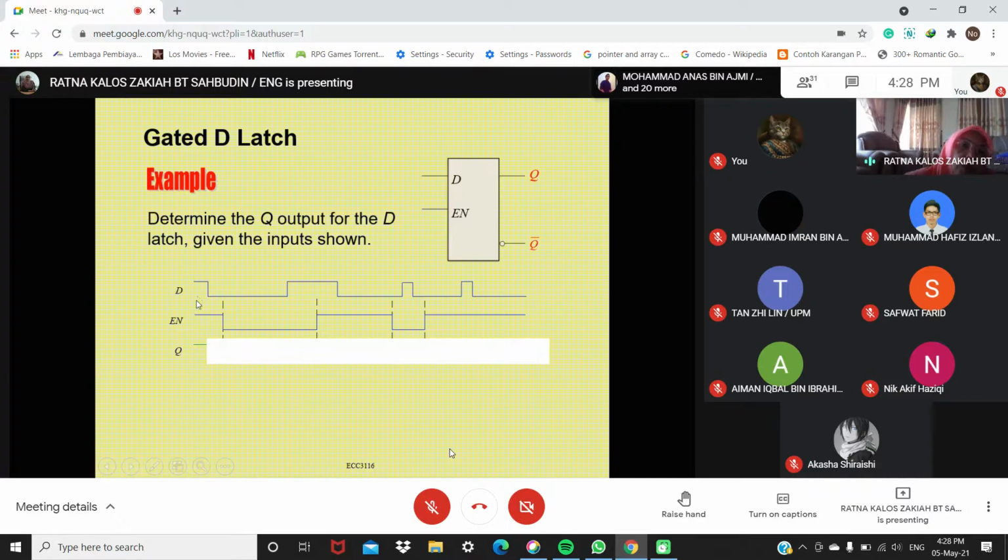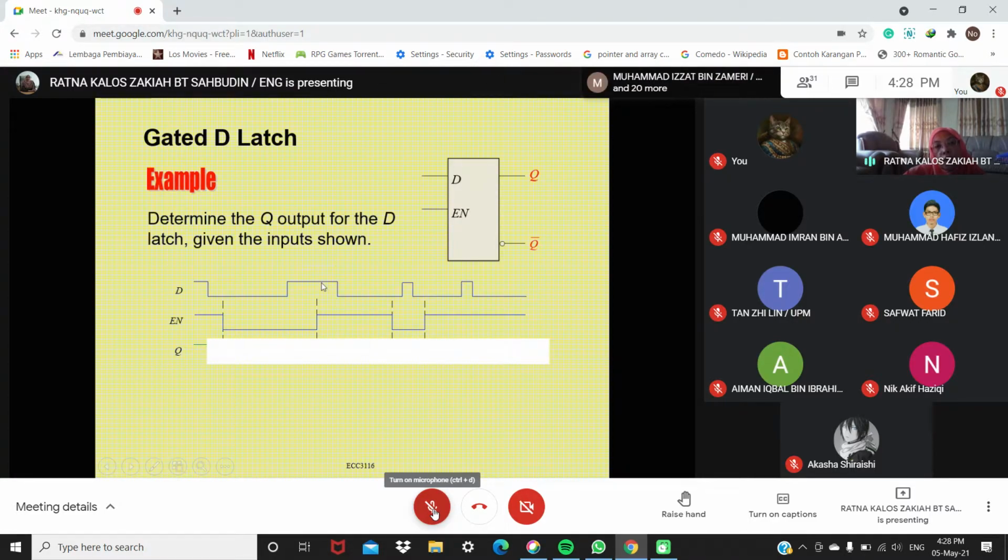Remember, Q follows D when enable is high. So this is the part when Q is high. You can see here Q is high, and then it goes down. Then this part is enable low, so no change. And this part Q is high.